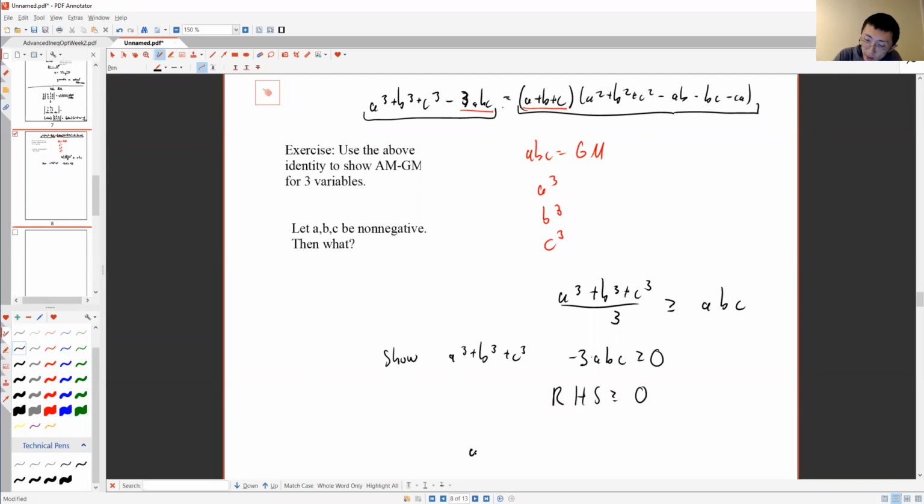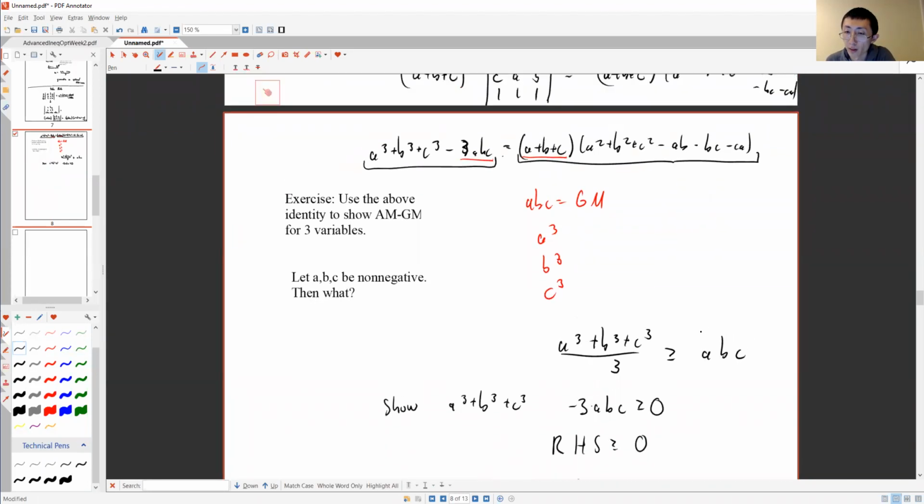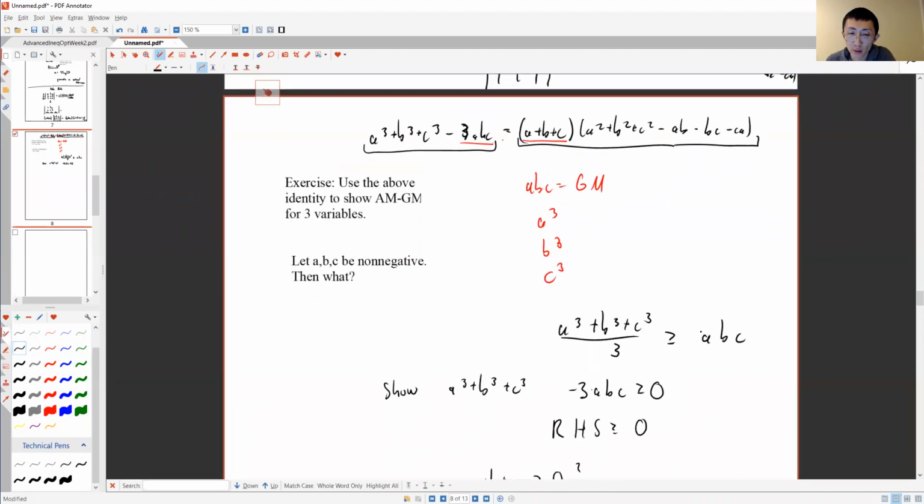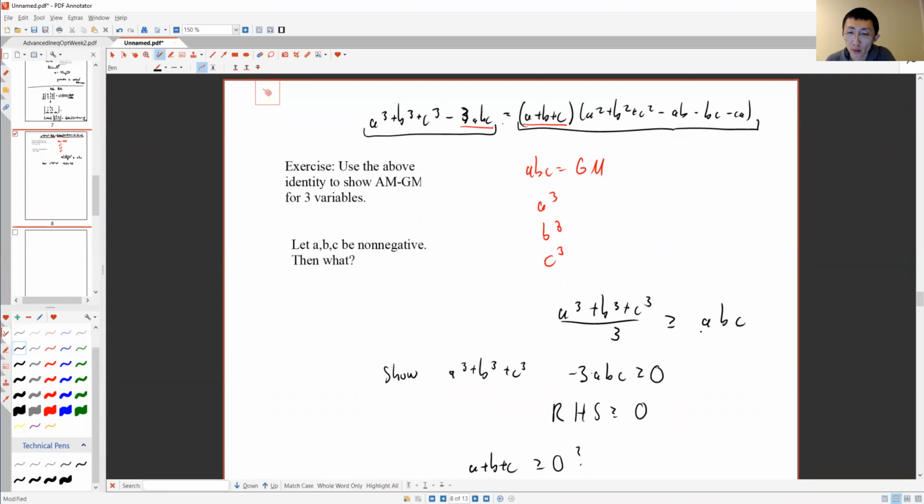So what can we say about A plus B plus C? Is it greater than or equal to 0? Why is this greater than or equal to 0? Right, we only need to prove it in the case where all three variables are non-negative, like Vignesh said.